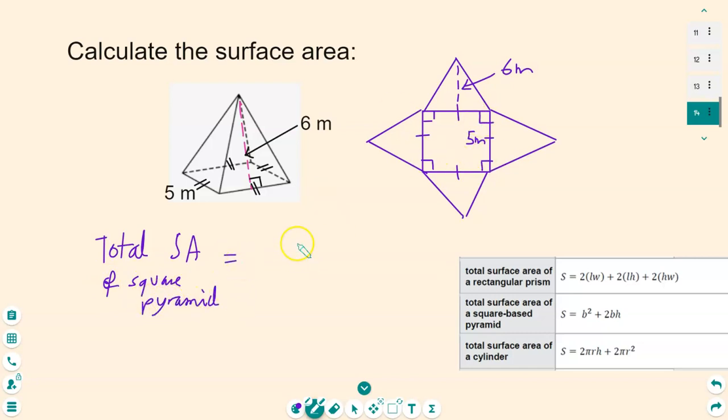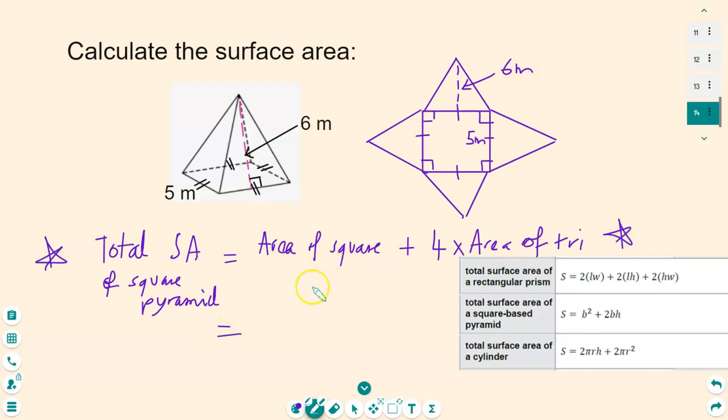It's going to be the area of a square plus 4 times area of triangle. We know all the formulas for a square and a triangle. So that's our plan. So now let's execute it.